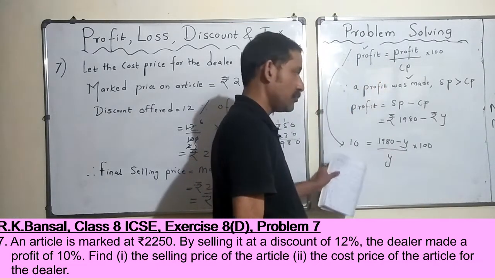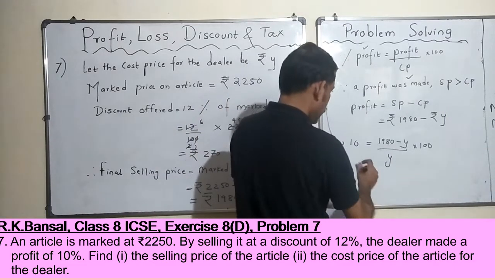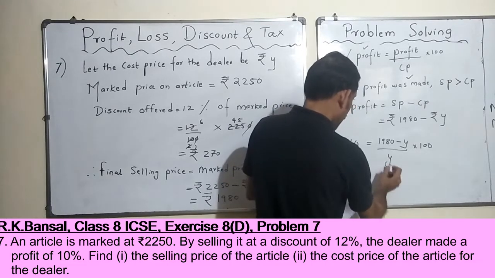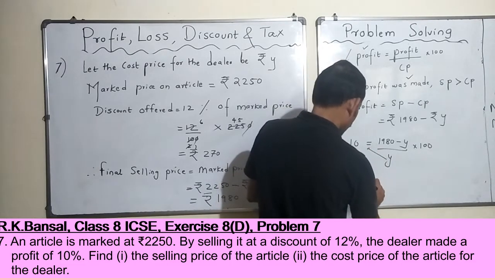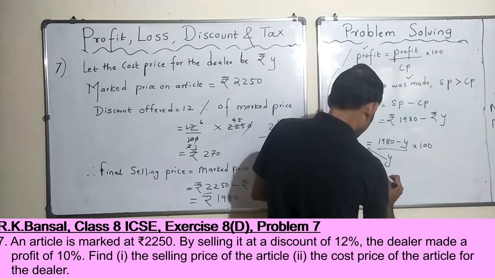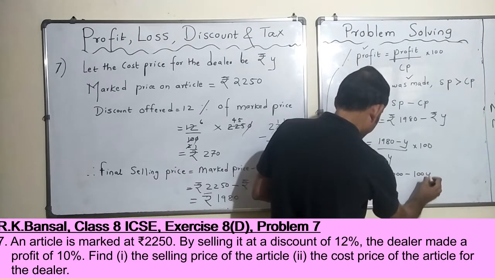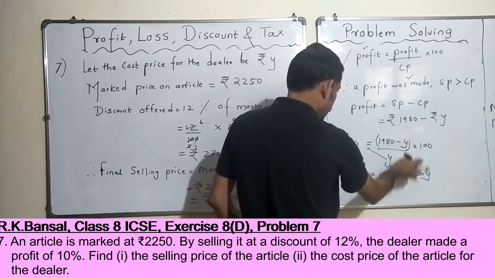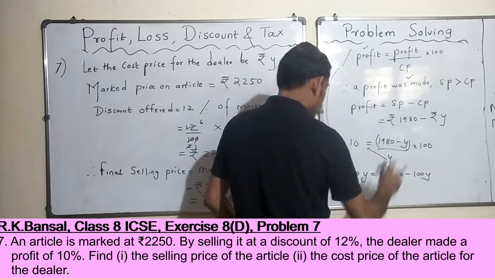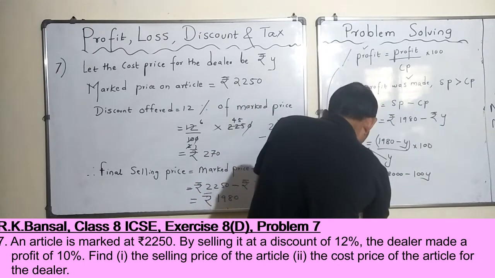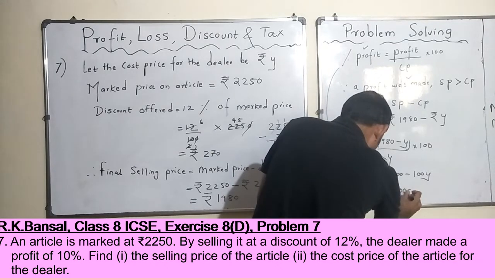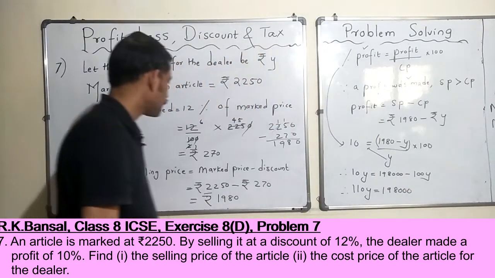Now do you think you will be able to solve this, right? Let us see. Okay, so this becomes 10. I just take this y here, so it is 10y is equal to 198000 minus 100y, correct? I just open the bracket, I multiply 100 with 1980 and minus 100 with y. So this is what I get. So this becomes 110y is equal to 198000, correct?